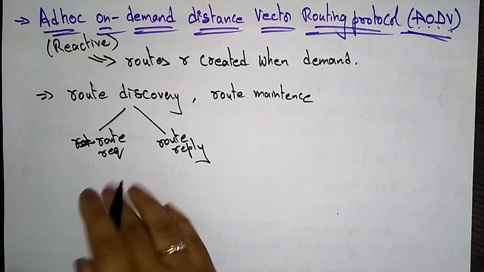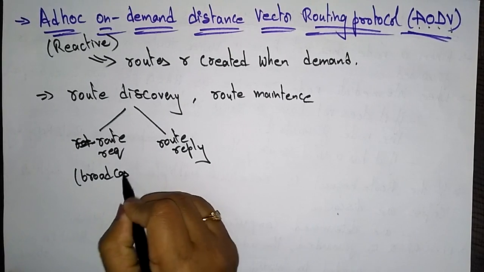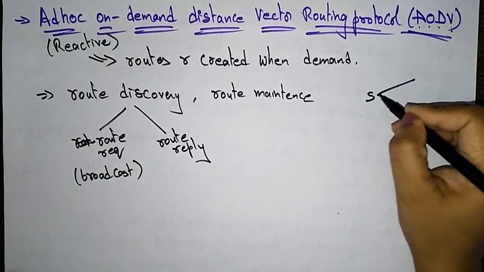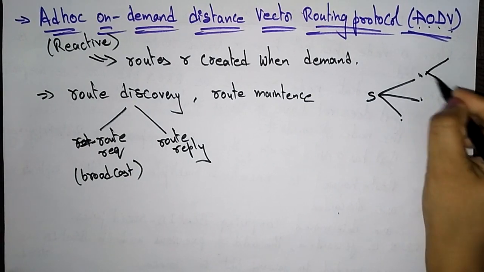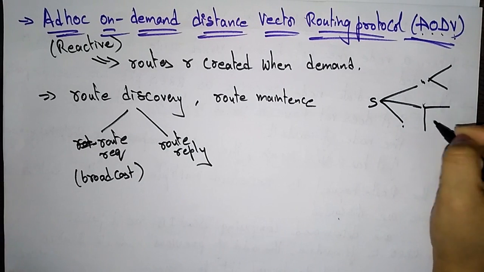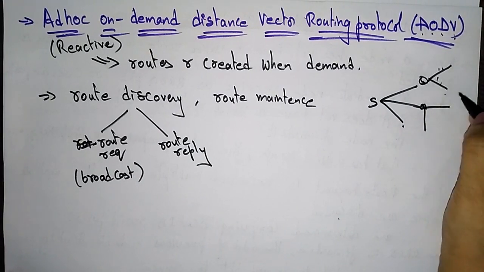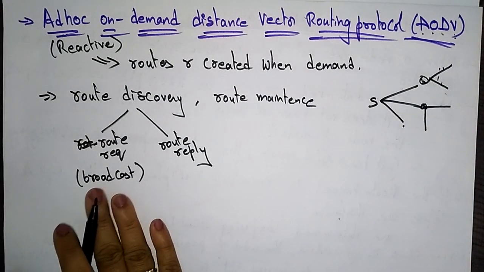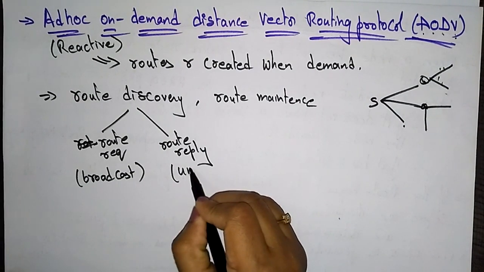The route request can be done through broadcast. The source sends the data to all the neighboring nodes, and these neighboring nodes again send to the other nodes which are their neighbors. Like this, the message is broadcasting. So the route request always follows broadcasting, whereas the route reply is a unicast.